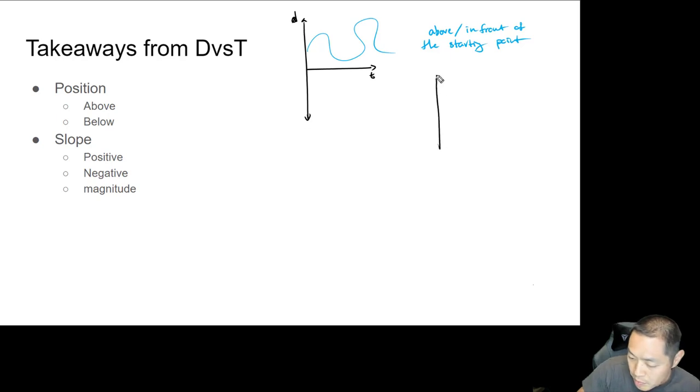If I had one here, and let me do the same color, and now the turtle's down here, that means it went backwards, or it's behind the starting point.